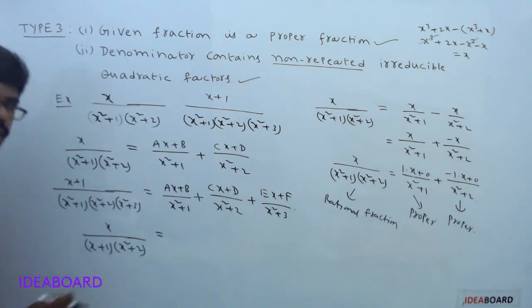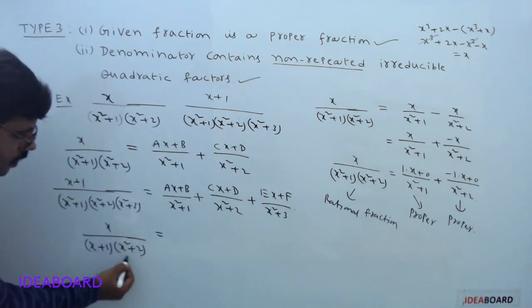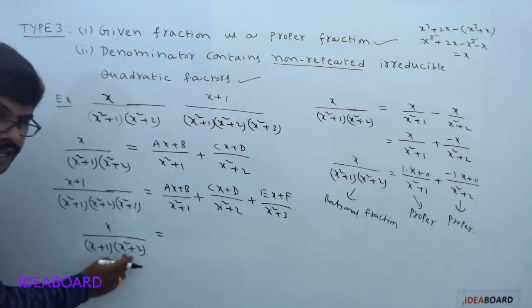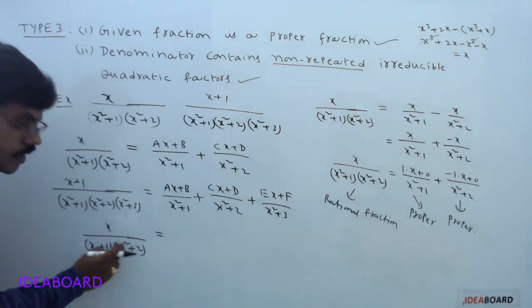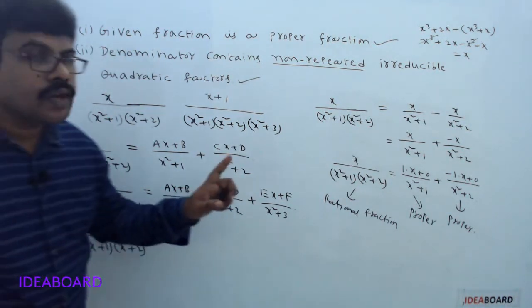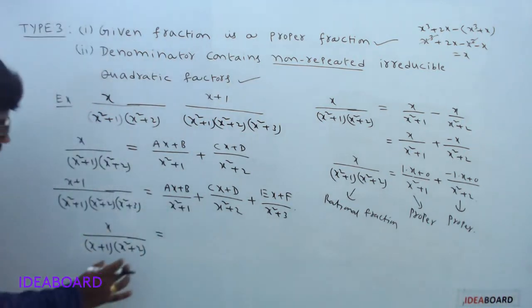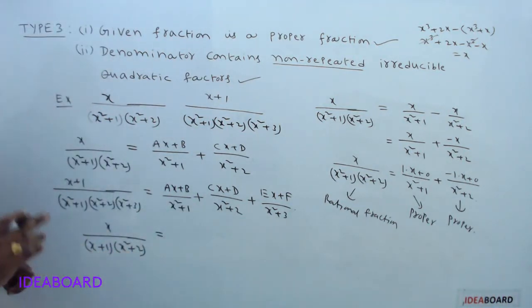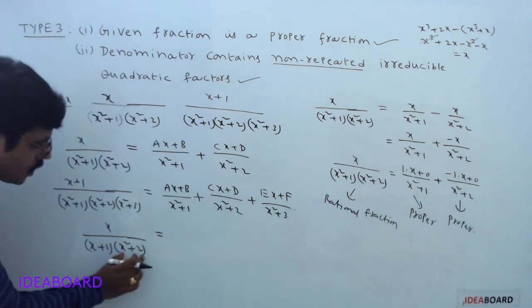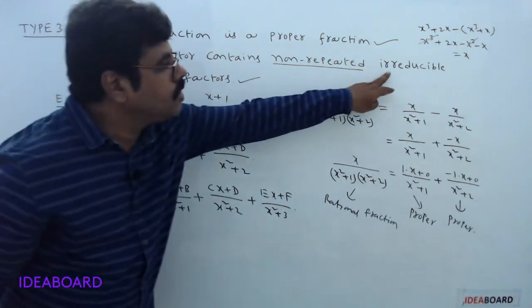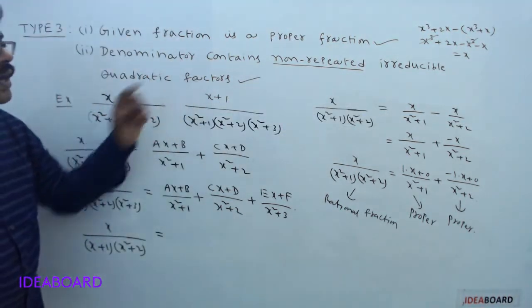Then, what about this one? x square plus 2 is basically a second degree expression. Whenever a second degree expression is given, first you calculate the discriminant value. Here the discriminant value is negative, so it is called an irreducible quadratic factor.